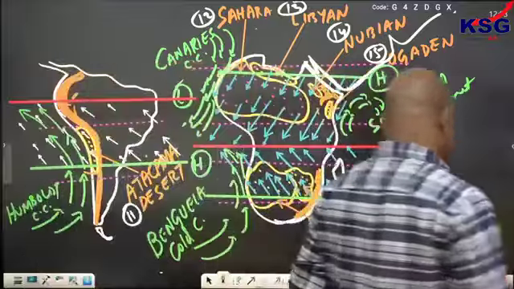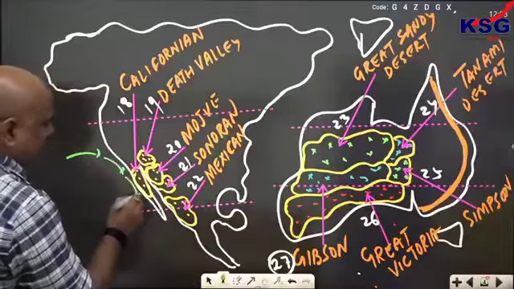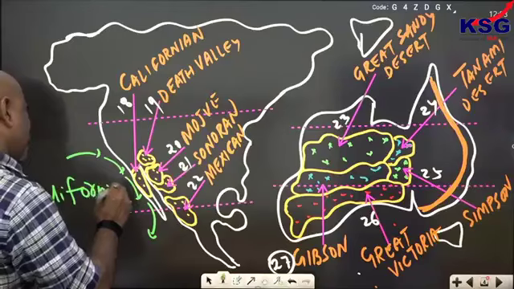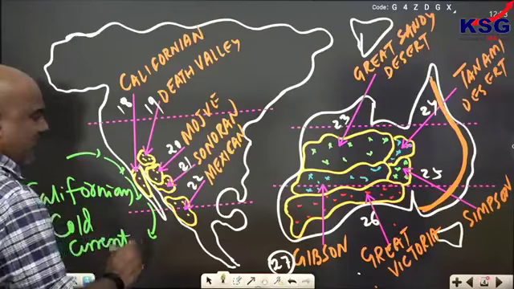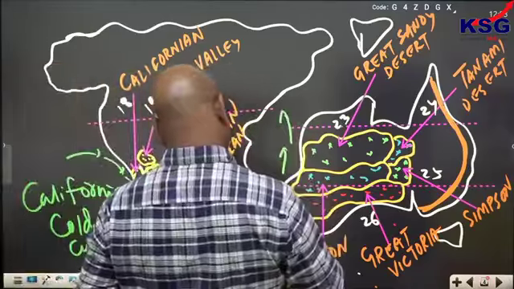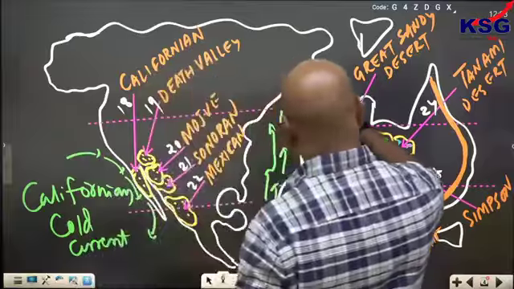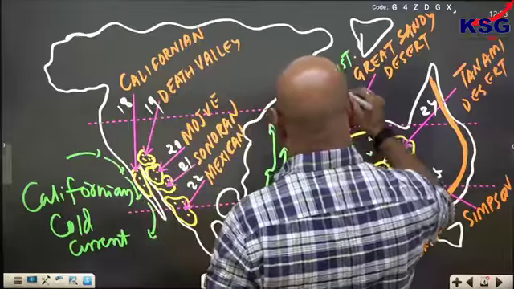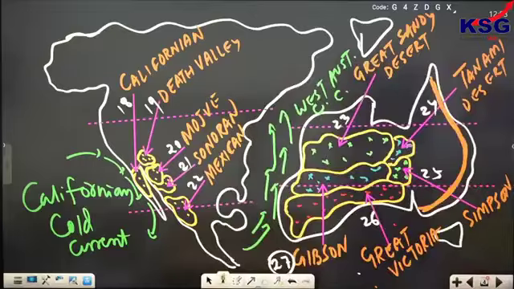Then here you have a cold current: the Californian cold current. You have a cold current here also, the West Australian cold current. So you see in every case there is a cold current here which has a desiccating effect.